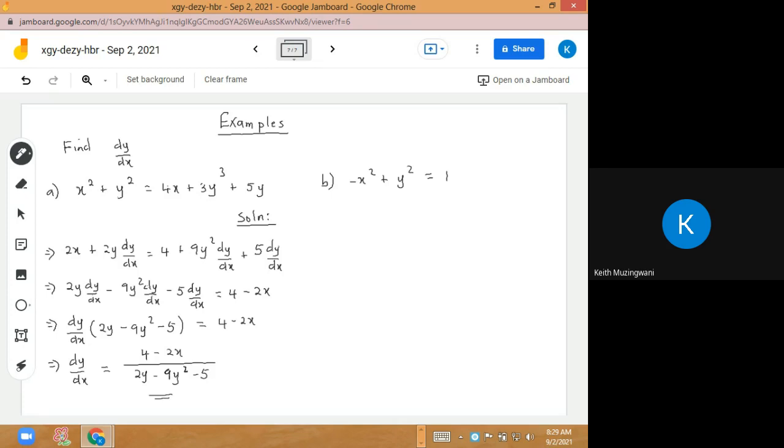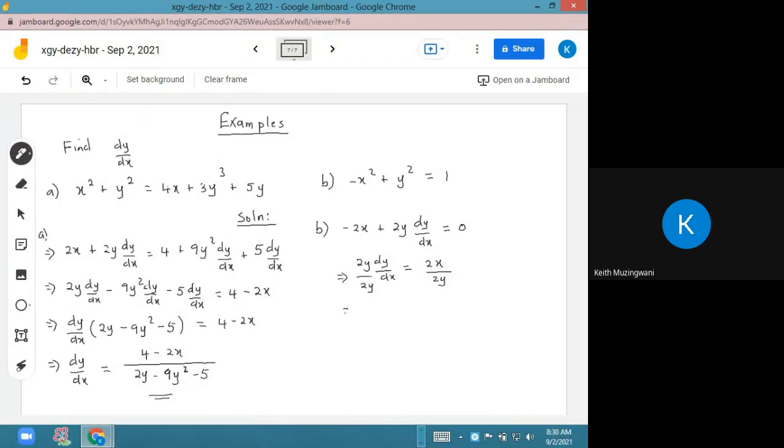So that's how you do the derivatives here. So this was A. Let's go to B. You differentiate negative x squared, so you have negative 2x, plus differentiate y squared, you have 2y, but because it is y, you multiply by dy dx, is equal to 0. This means that we have 2y dy dx is equal to positive 2x. Divide by 2y and divide by 2y.